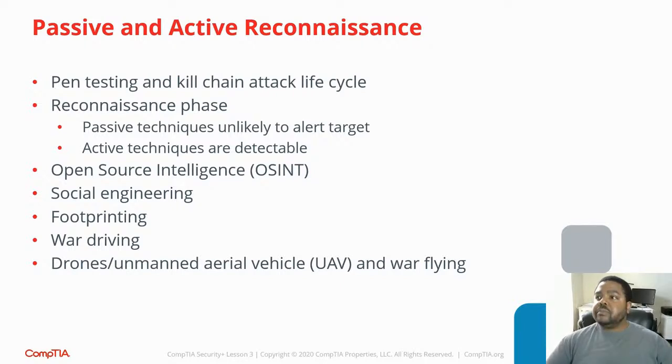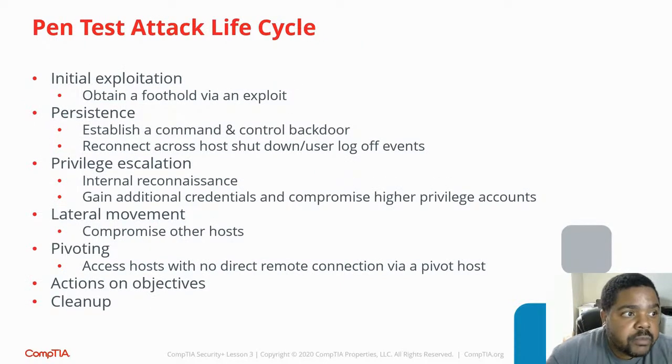Like I was saying before, having that defensive depth will handle a pen test pretty well, because just like this life cycle where you want to have a foothold to the exploit, you want to do some persistence, have that privilege escalation, lateral movement if possible, pivoting if possible.